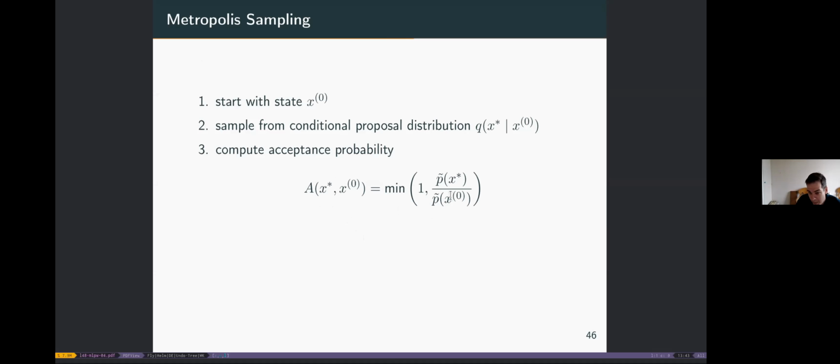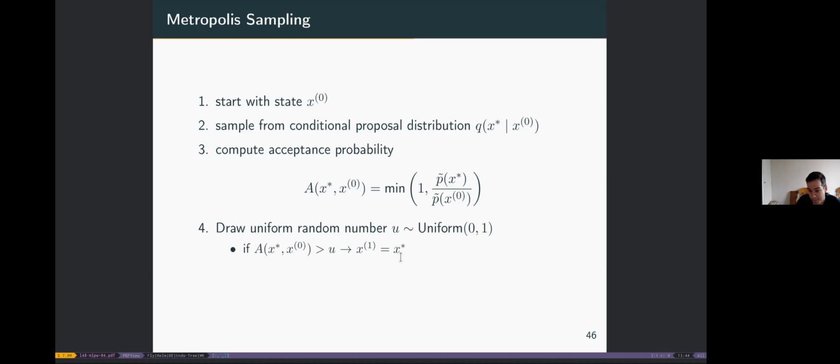If it's less probable, I get a smaller value out here. That's A, my acceptance probability. And then I draw a uniform number between 0 and 1.